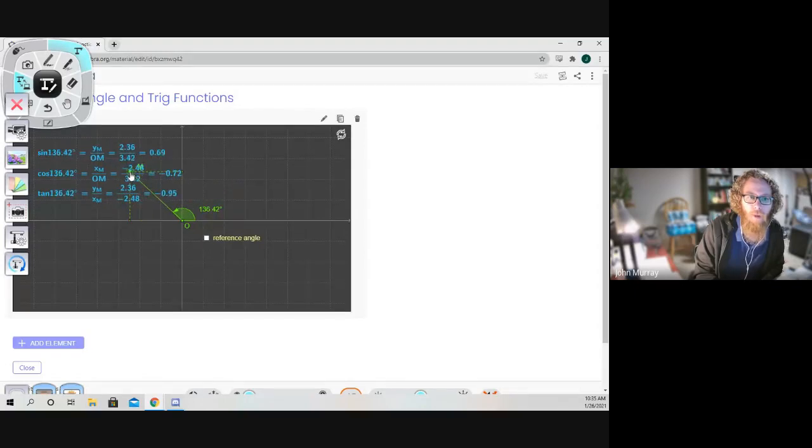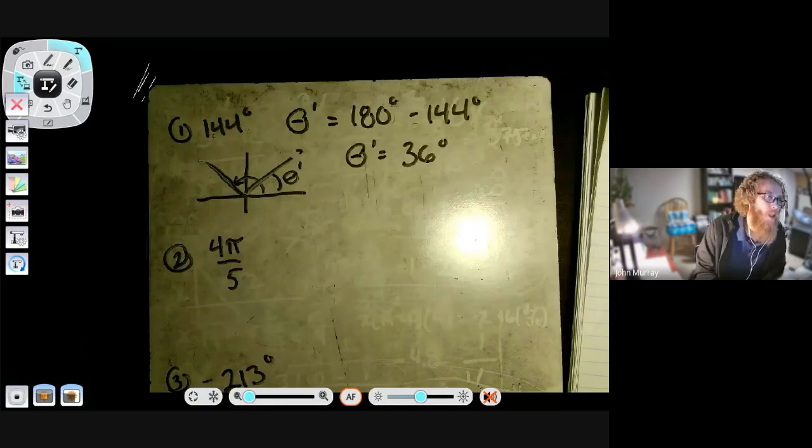So you go over to 144, or get it as close as possible, and when you find the reference angle, you can see it's there, which is around 36. Okay. So that was number 1.